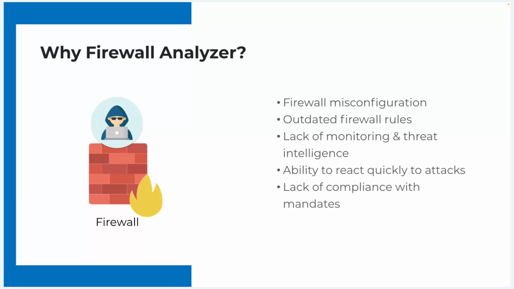Second, with hackers working around the clock to breach networks, it's essential that your firewall rules are spot on. Outdated firewall rules can be easily exploited by hackers to get into your network. This makes firewall rules optimization and auditing a priority, and it should be carried out at regular intervals.